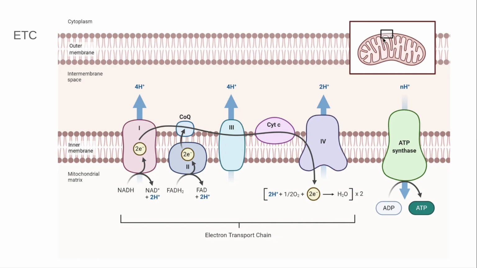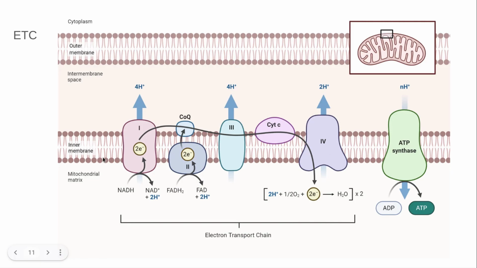So the more folds it has, the more electron transport chain reactions can happen, because all the protein complexes needed for the electron transport chain are embedded in this place. So here in the mitochondrial inner membrane, you have 4 complexes: complex 1, complex 2, complex 3, and complex 4.